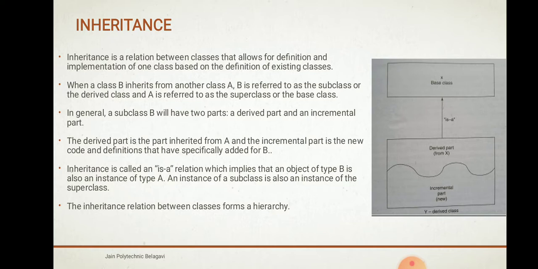In the figure you can see X is a base class, which has a derived class called Y. Y has two parts. One is the derived part from X, because this class can use the methods of base class X, and the derived class Y can also have its own methods. The new methods will be in the incremental part.